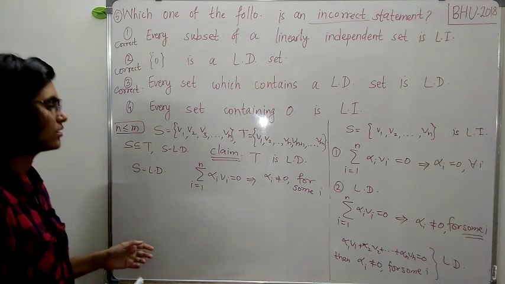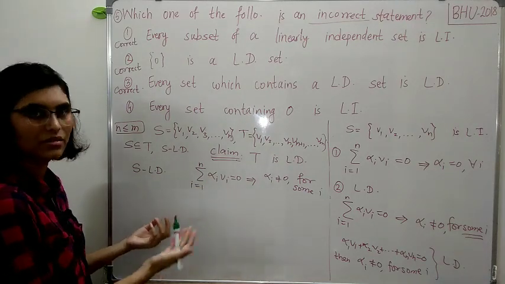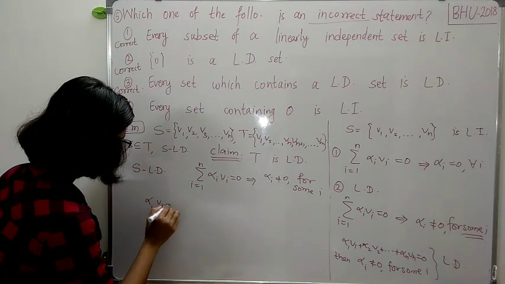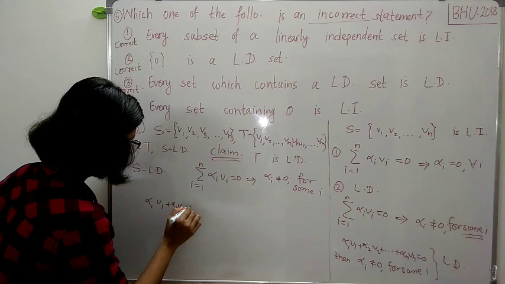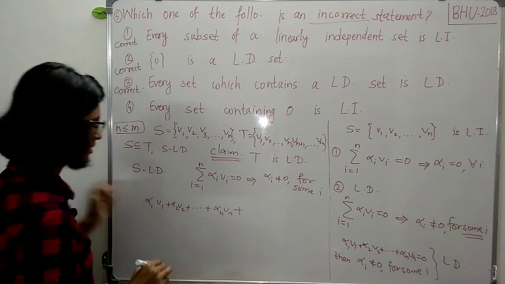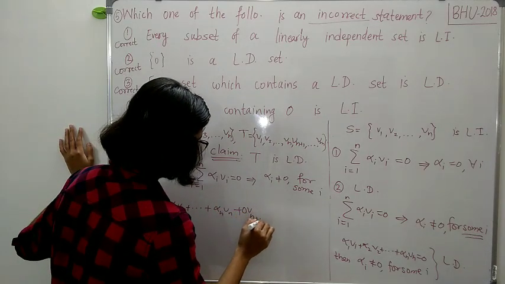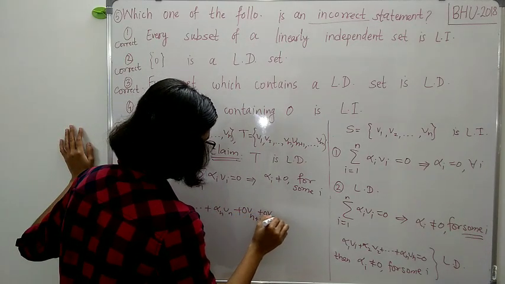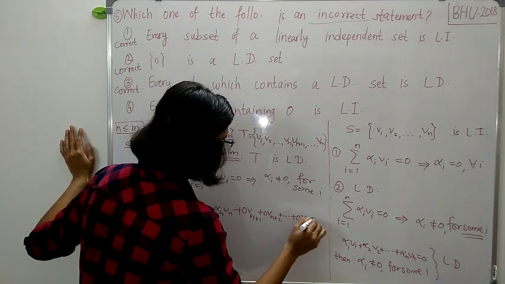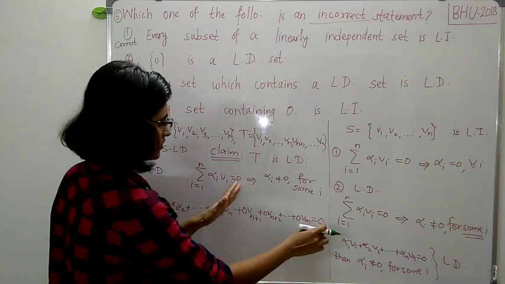by the definition of a linearly dependent set. Now we can write this linear combination, modifying it, as alpha 1 V1, alpha 2 V2, and so on, plus alpha n Vn, plus 0 times Vn plus 1, plus 0 times Vn plus 2, and so on, plus 0 times Vm, is equal to 0, because the right hand side is as it is, 0.